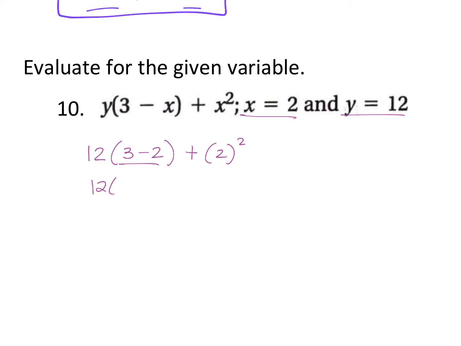It's just 12 times 1 then. Exponent says 2 squared is 4. So 12 plus 4 is going to give you 16. Now if you had distributed, 36 minus 24 plus 4 would still get you the same thing. So it's not wrong. It's just bigger numbers, and I feel like a little more room for error, historically speaking anyway.